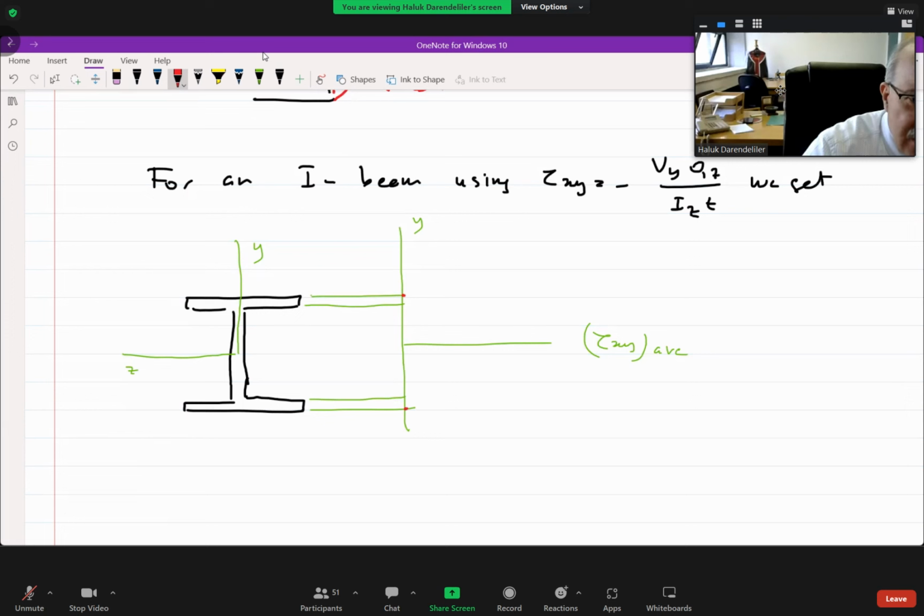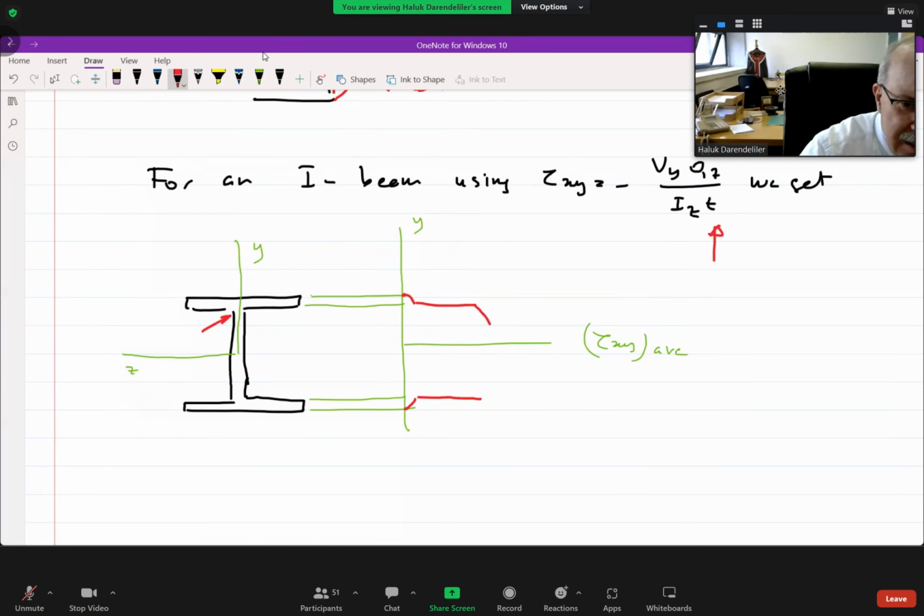So it increases, okay, like that, and like that, towards the middle portion. But suddenly, when you reach this web point here, look, in the equation, this t changes. Q is almost the same, but suddenly t decreases. So, although not so sudden, the stress changes. Is this clear? Because of the t.